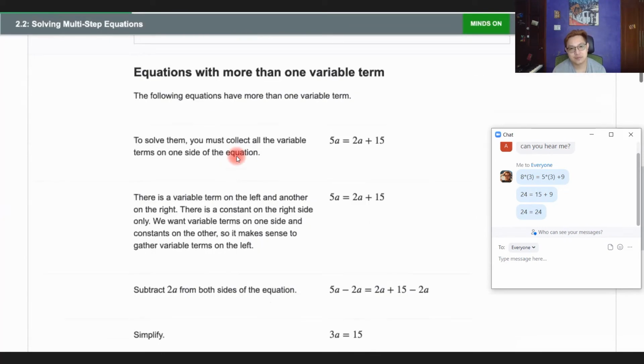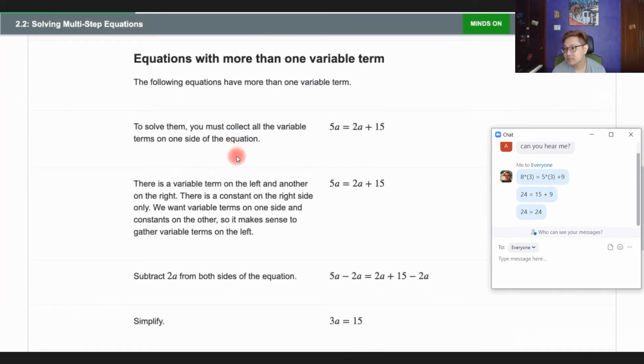One variable term. Equation with more than one variable term.